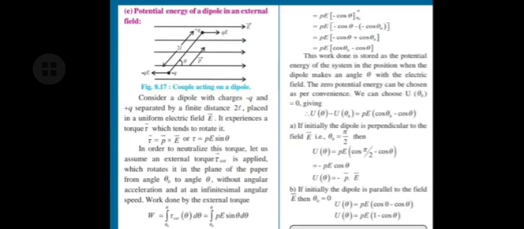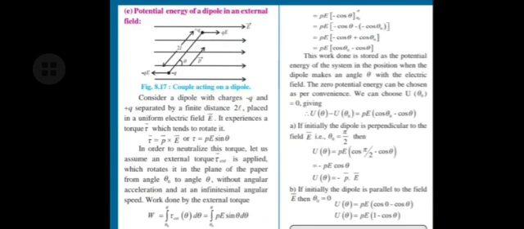So to nullify his force, we have to apply the same amount of force, or the same amount of torque here. So this external torque rotates the dipole in the plane of the paper from angle theta 0 to theta without any angular acceleration.